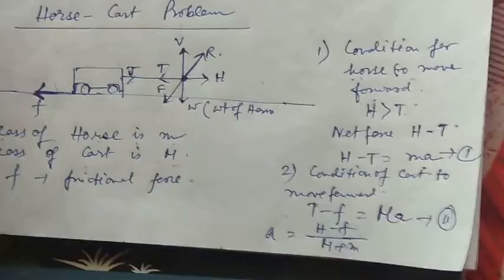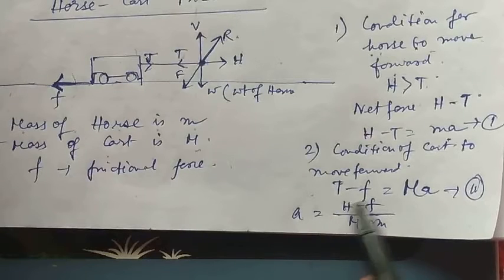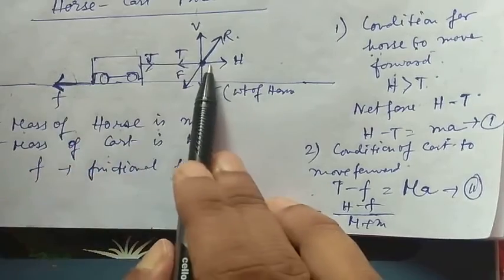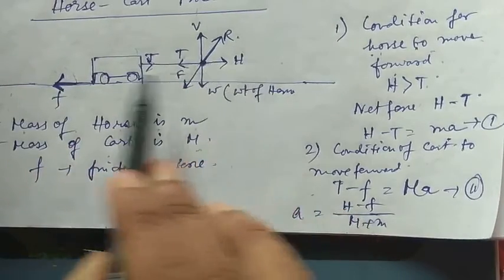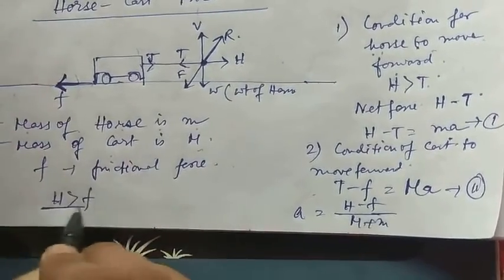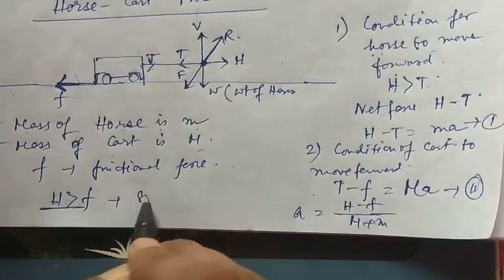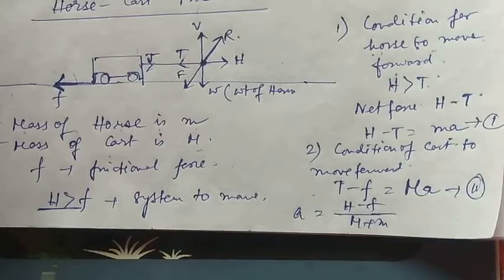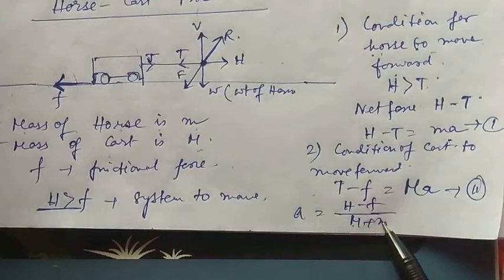Now from this value of acceleration, if they ask what is the condition for the system to move forward, that means H should be more than F. That means the horizontal component must be greater than the frictional force. So H must be greater than F for the system to move. The individual masses capital M and small m are not significant, but the sum of the masses M plus m is very significant.